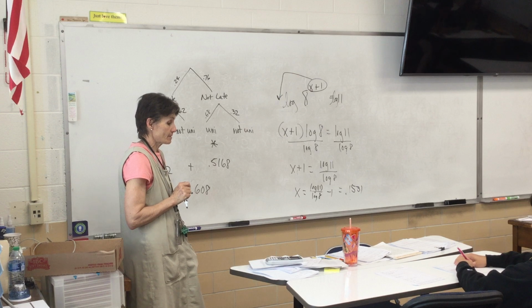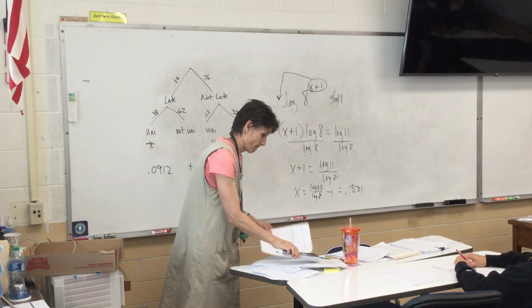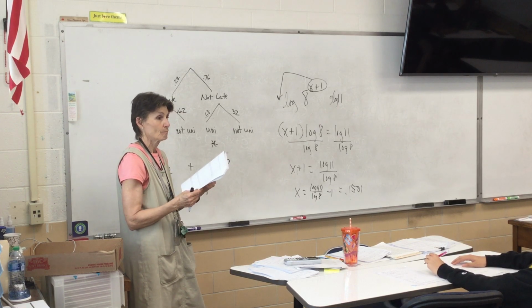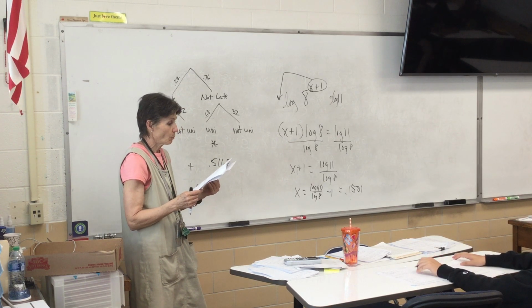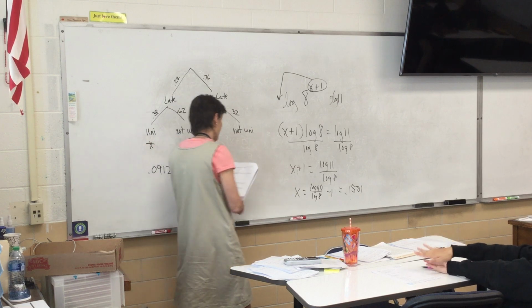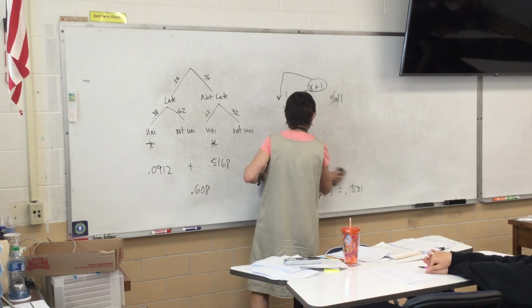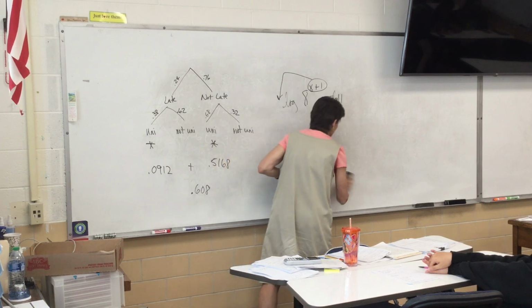All right, what else? Who else found one? 21, a 5-card hand is dealt from a standard deck. What is the probability of at least 3 aces? What does at least 3 mean?